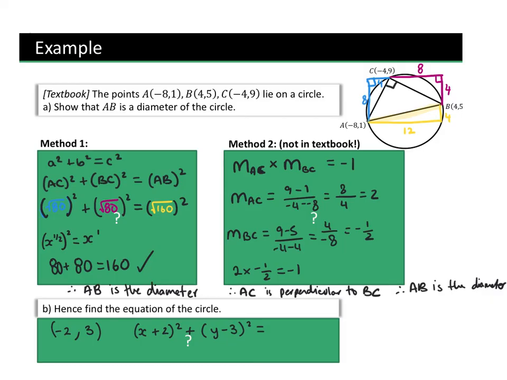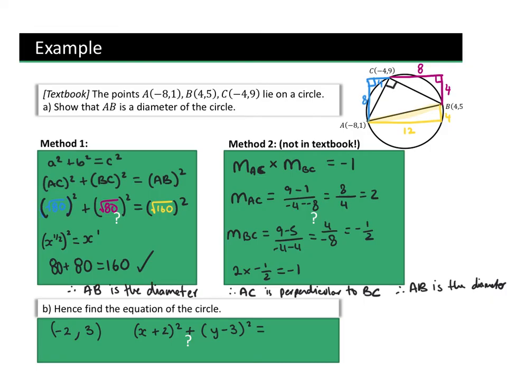Now, a little bit of a trick. We already worked out the length of AB. We know it's root 160. So, root 160 divided by 2 is in fact root 40. So in your calculators, if you did root 160, divide that by 2, root 10 or root 40, okay?